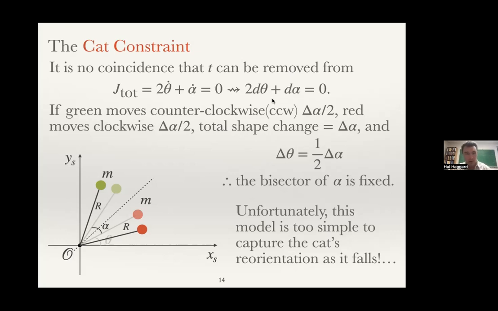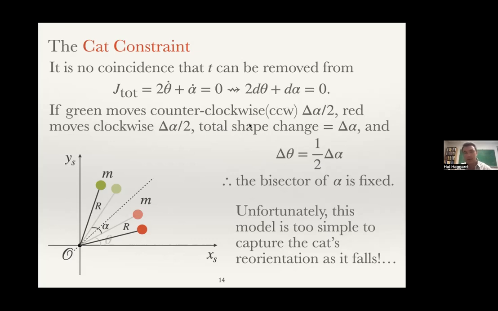Okay, so suppose that the cat changed its shape so that the green mass moved by a little change delta alpha over 2, and the red mass moved by a change delta alpha over 2. Well, we can plug that in and just integrate this relationship.